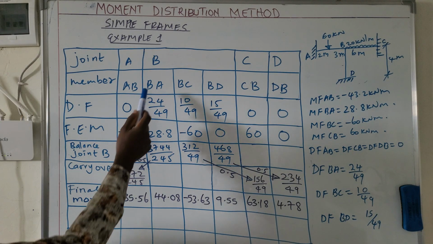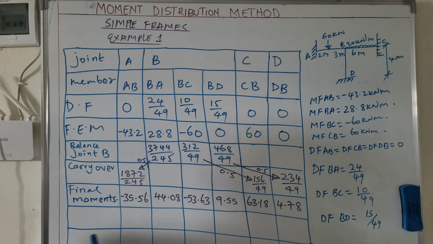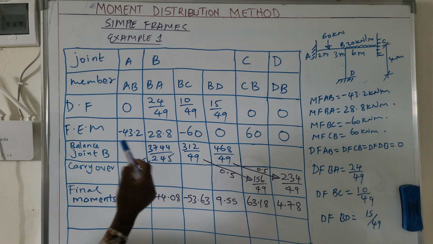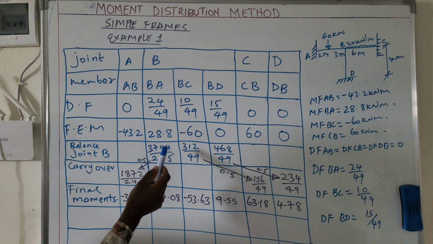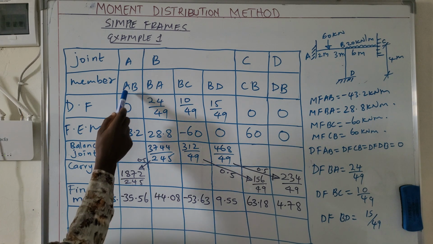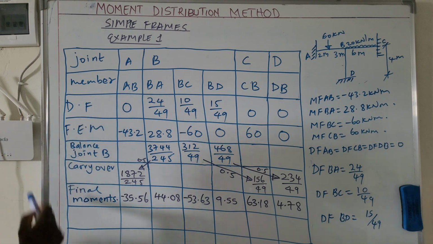The opposite of BA is AB. So you take this value, you divide by 2, or you multiply by a half, and carry it over to the opposite member, which is AB.